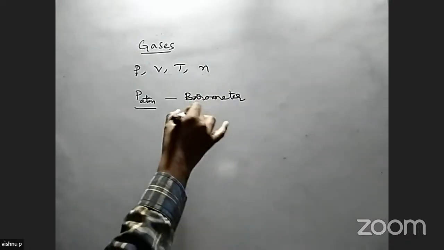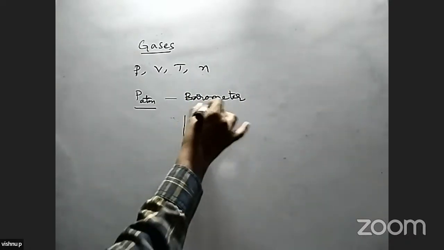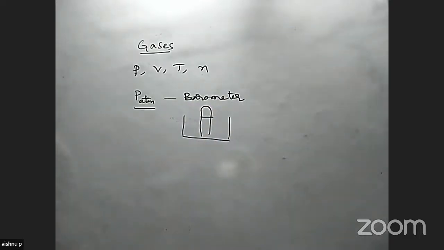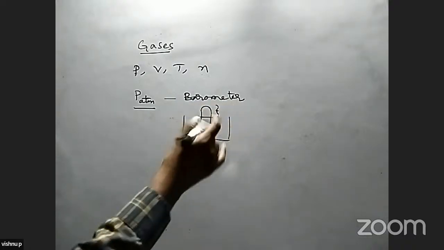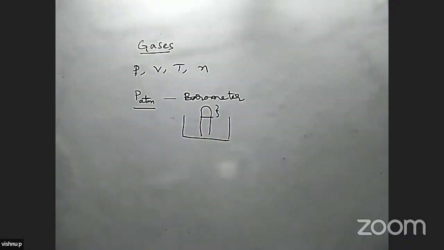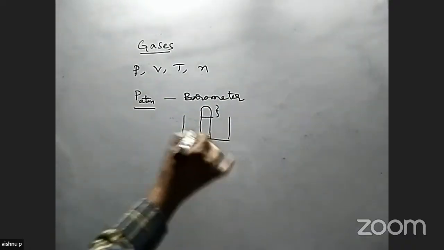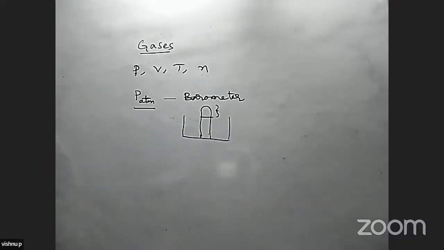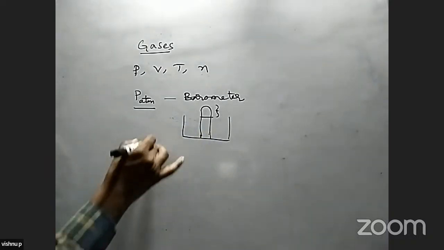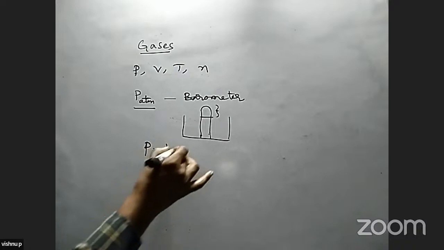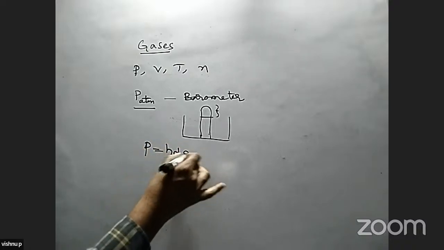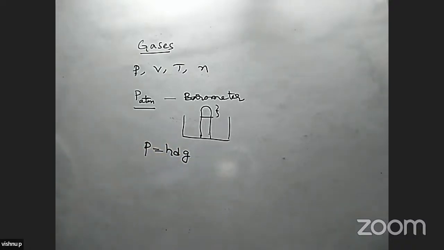What is this barometer? It contains an inverted tube with mercury. Here is the atmospheric pressure, and a vacuum is created in that inverted tube. From that we can find out the pressure. So pressure is equal to the height of the mercury column, the density of mercury, and also depends on gravitational force.